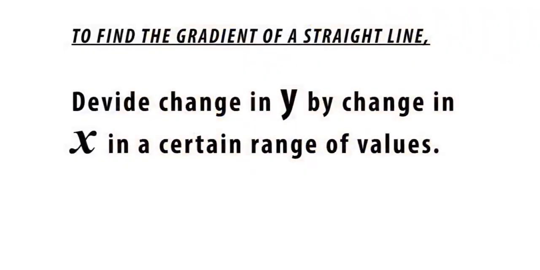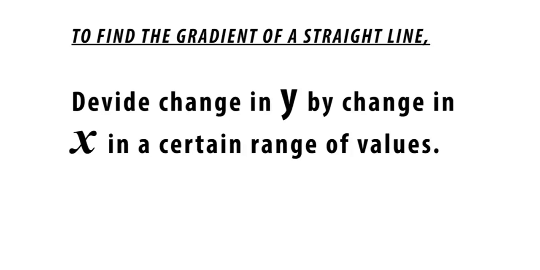Now let us consider differentiation. You may recall that to find the gradient of a straight line, we divide the change in y by change in x in a certain range of values.